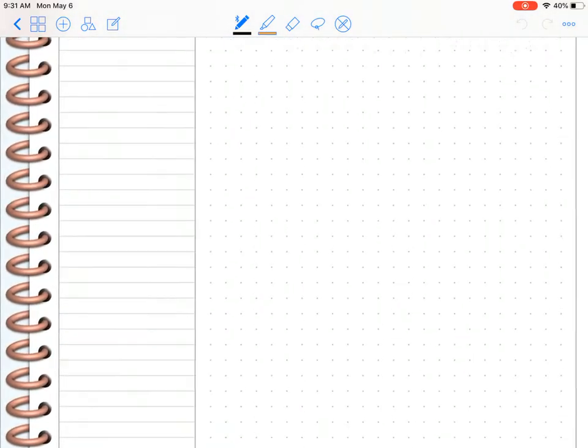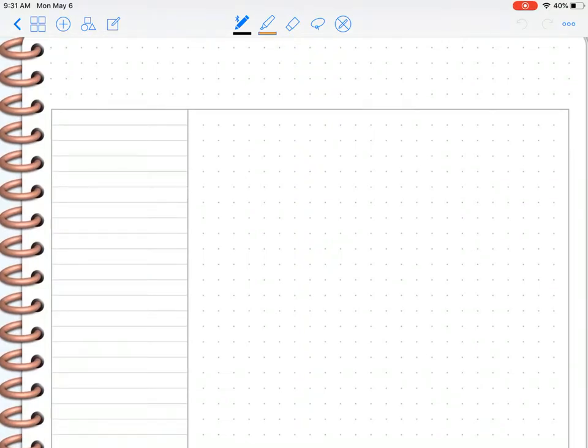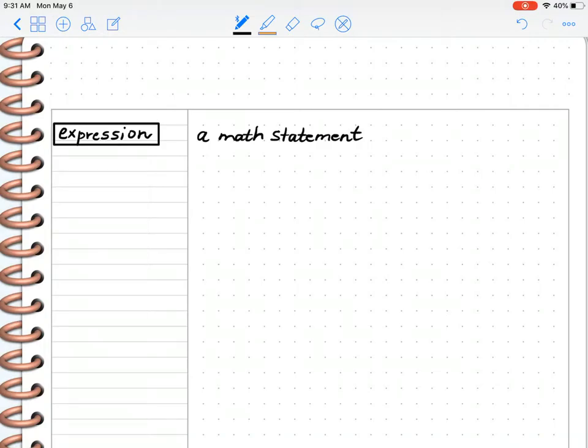And I want to start with expression because that's sort of where we left off in the last problem. So let's define the algebra term expression. An expression is a math statement, or math sentence, you could even say there. I like statement better.